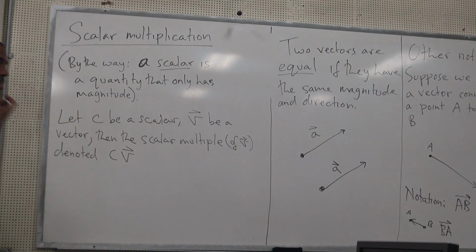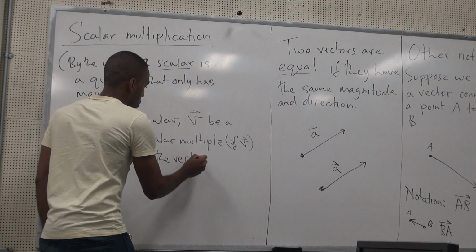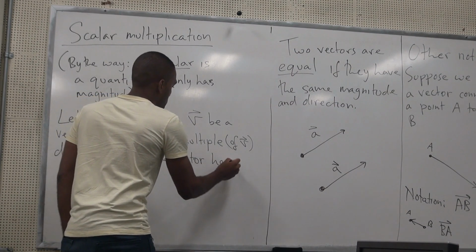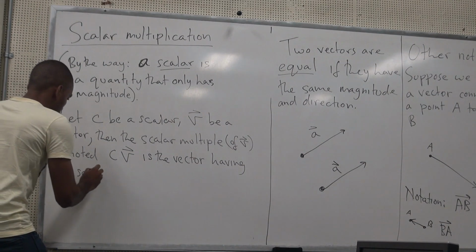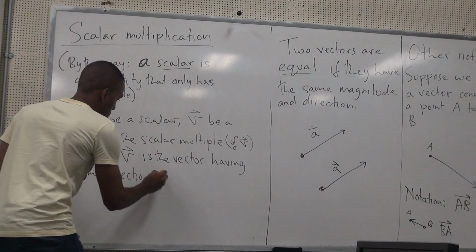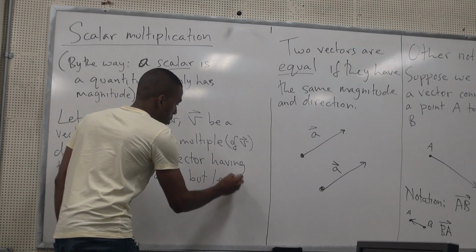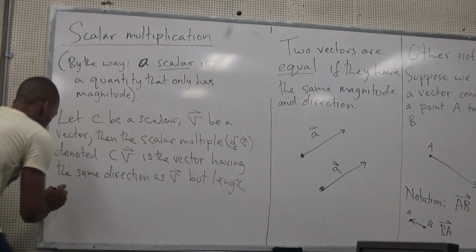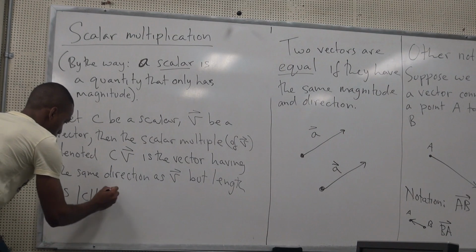So you can take a scalar and you can just multiply it by a vector. You can just write c times v. This is the vector having the same direction as v, but the length will now change.